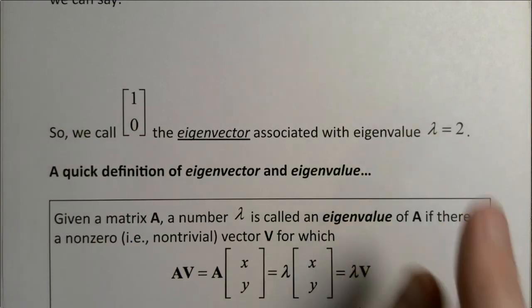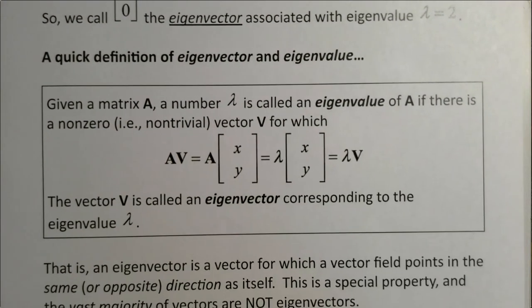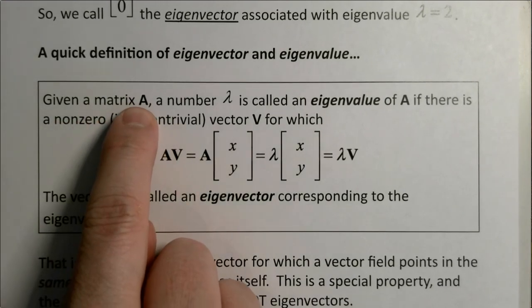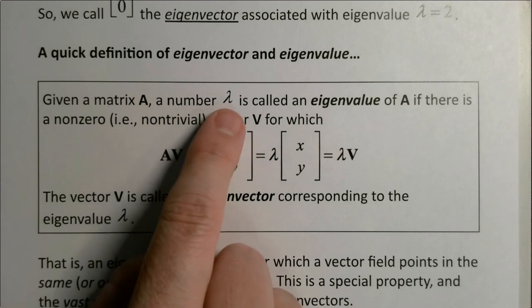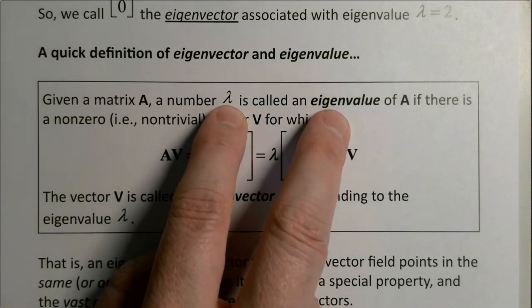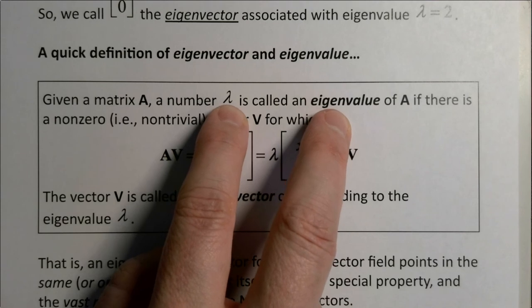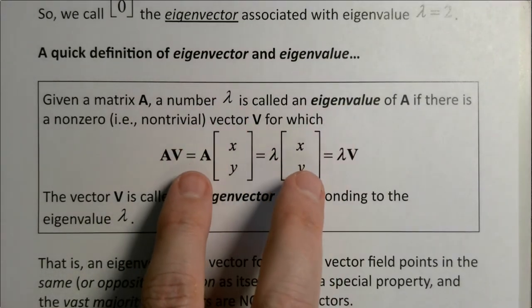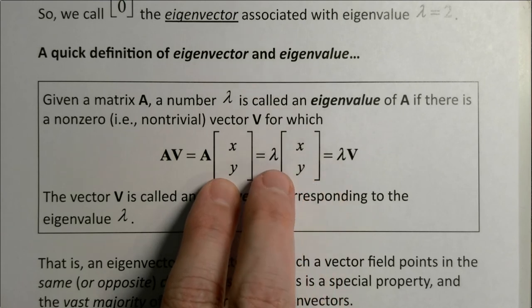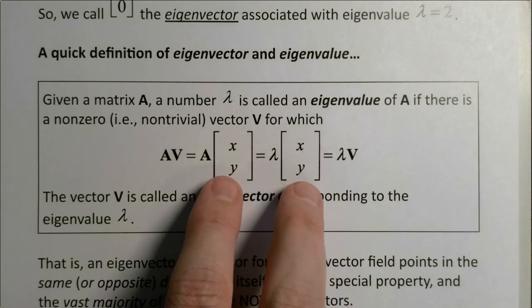And so a quick definition of how eigenvectors and eigenvalues fit together. If you're given a coefficient matrix A, and some number lambda that's an eigenvalue of A, the only way it can be an eigenvalue is if when you multiply A times the vector (x, y) and you multiply lambda times (x, y), they are exactly equal.